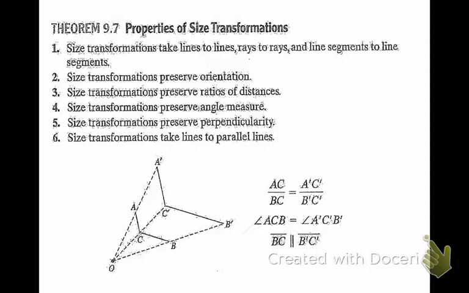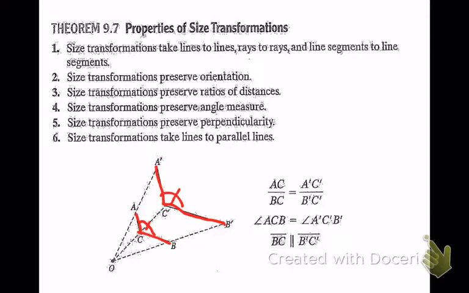So the ratio of AC to BC is the same as the ratio of A prime C prime to B prime C prime. Those ratios would be the same. These angles would be the same.